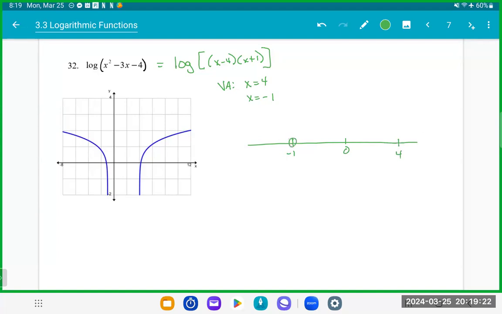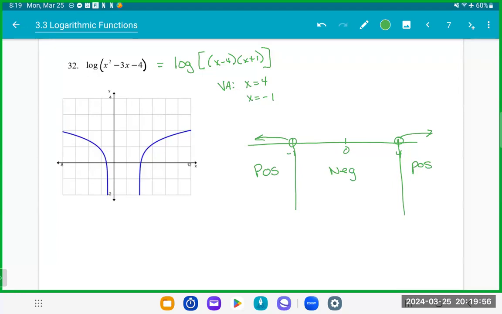So x cannot equal 4 or -1. When I look at this, it's going to be positive in this range, negative in this range, and then positive in this range again out here.